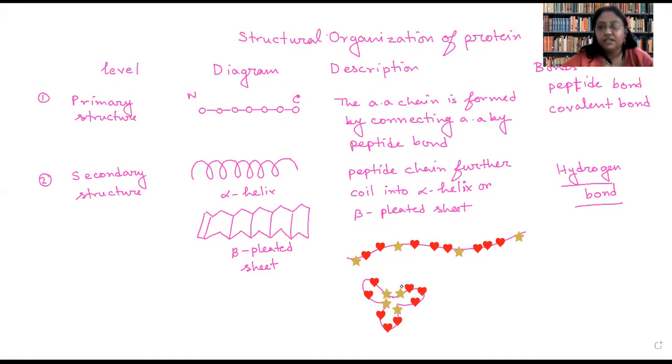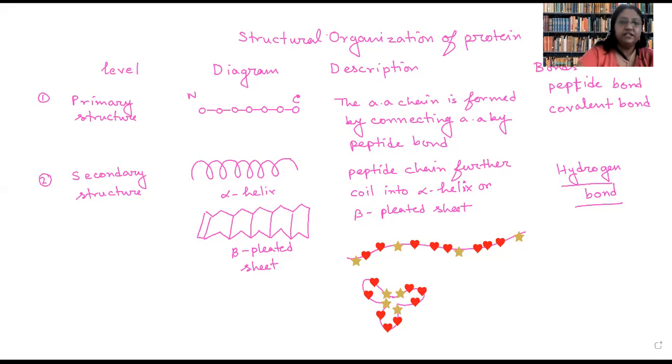So depending on the sequence of amino acids, it is decided what type of amino acid will form hydrogen bonds. All types of amino acids do not form hydrogen bonds with all types of amino acids.